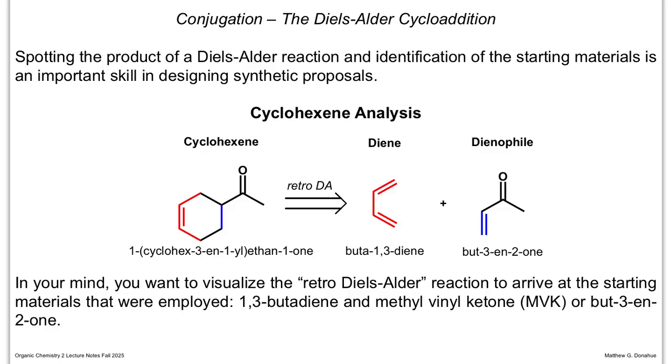So phile means lover. So that wants to react with the diene. But ultimately, this is the pattern you're looking for. Whenever you see that cyclohexene, you can dissect it that way. So 4 of those carbons are coming from the diene, 2 are coming from the dienophile.